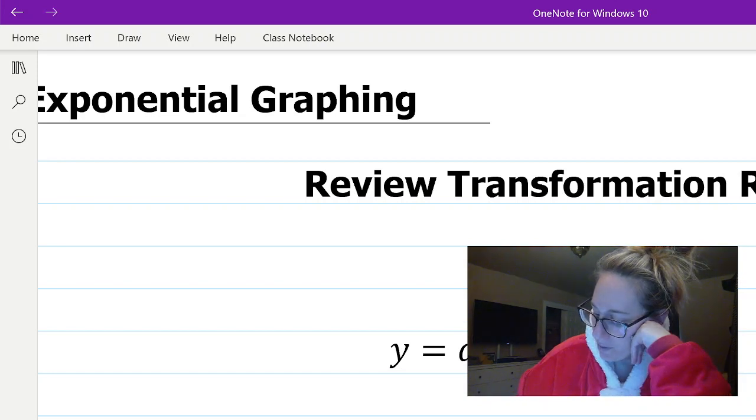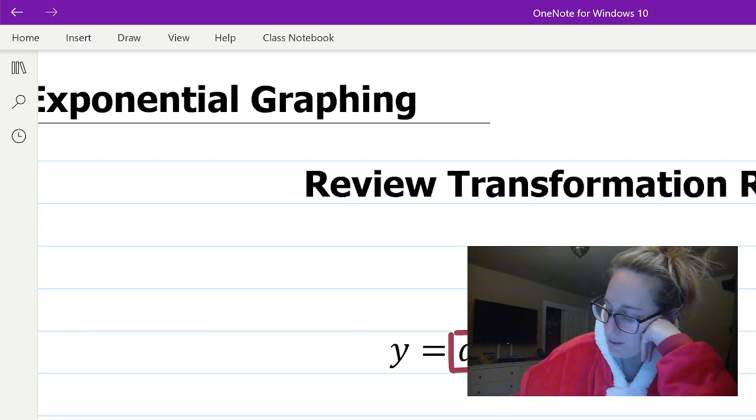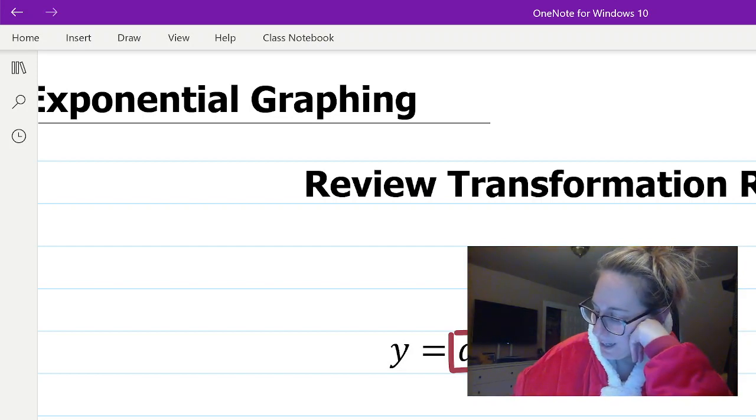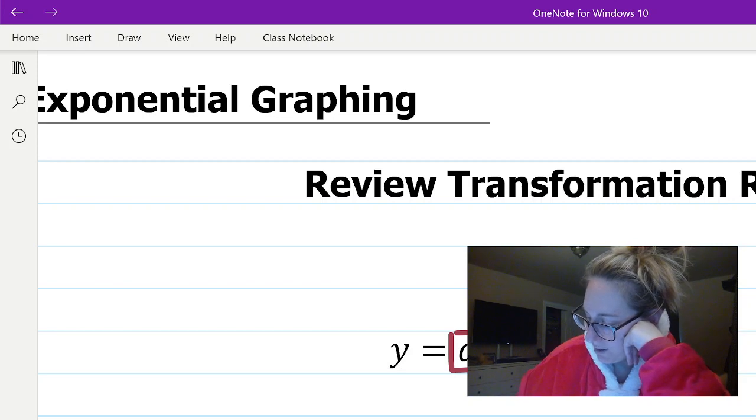So both A and D are going to be your vertical transformations because they're outside the function. And that leaves C and B as our two horizontal transformations.